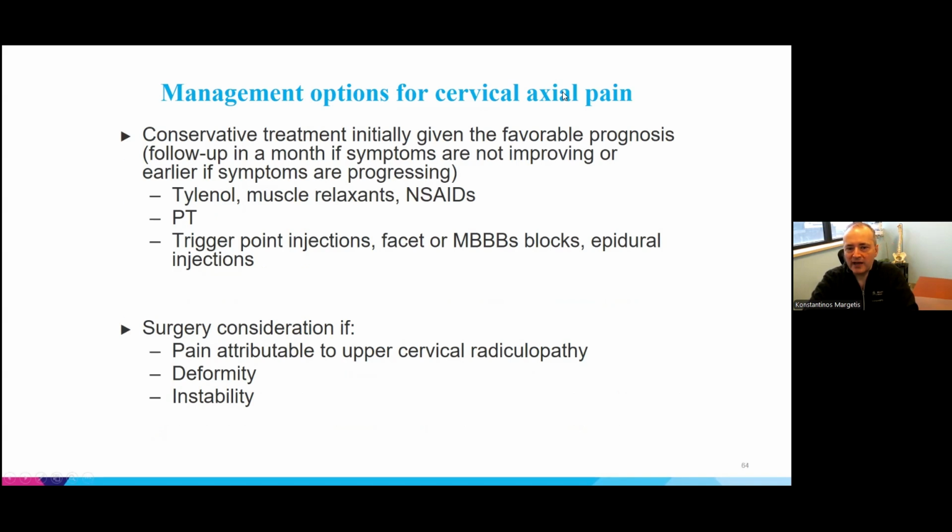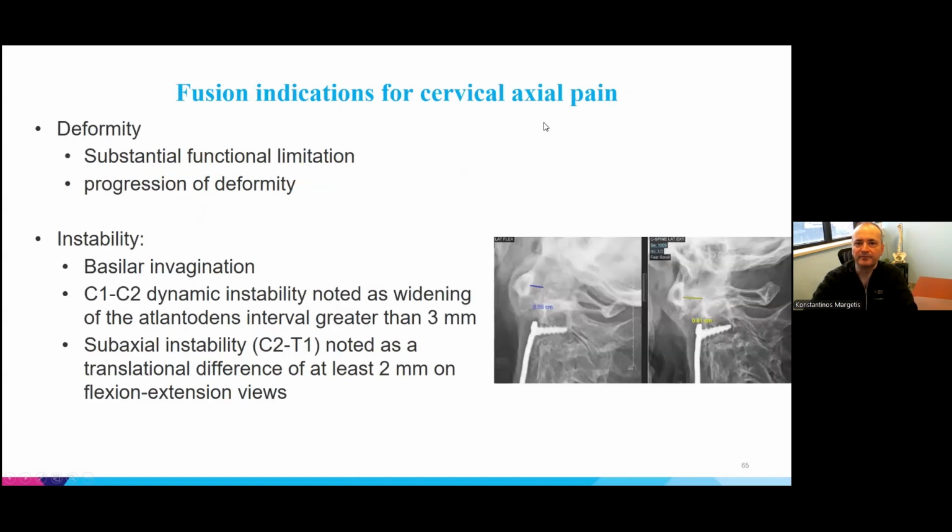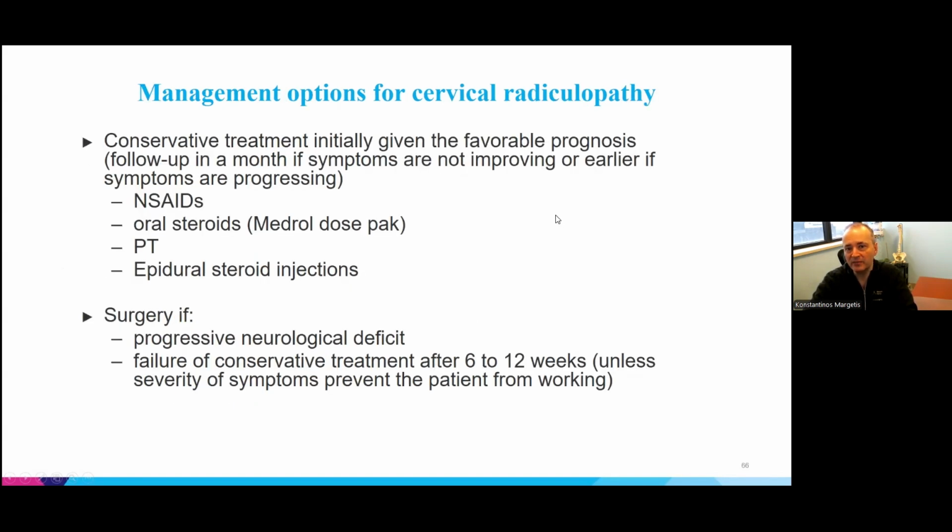But for cervical axial pain, if we see that there is any deformity or instability, or if there is neck pain coming from the compression of the upper cervical nerve roots, then we might consider doing surgery in the presence of isolated cervical axial pain. And in terms of fusion, if there is deformity or instability, we usually do a fusion also for cervical axial pain.